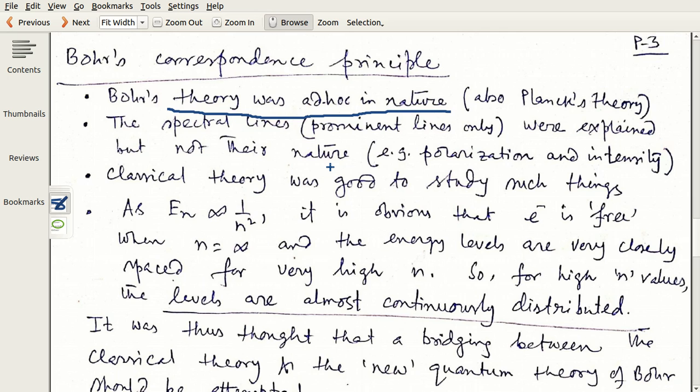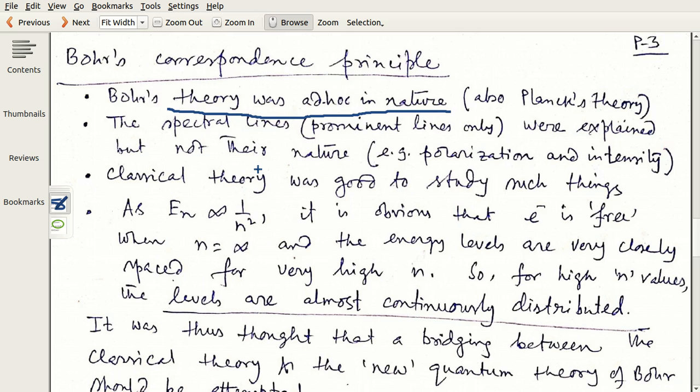From Bohr's theory, you cannot calculate those things. But it is known that using classical theory, these issues like the intensity of spectral lines, polarization of spectral lines, can be calculated. But Bohr's quantum theory cannot say anything on that.